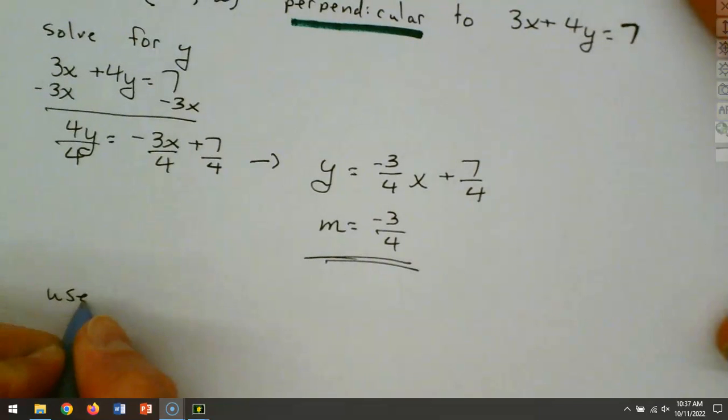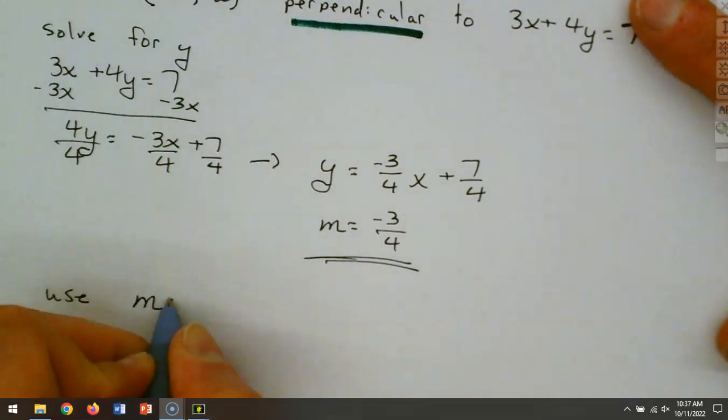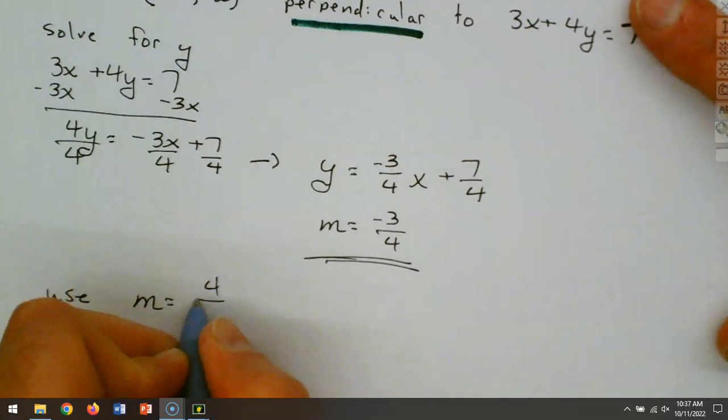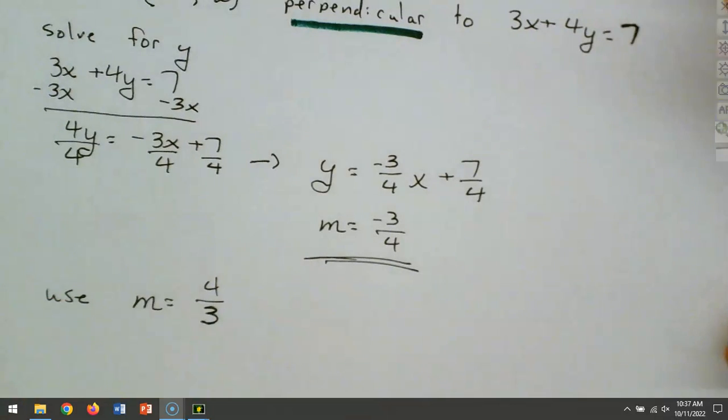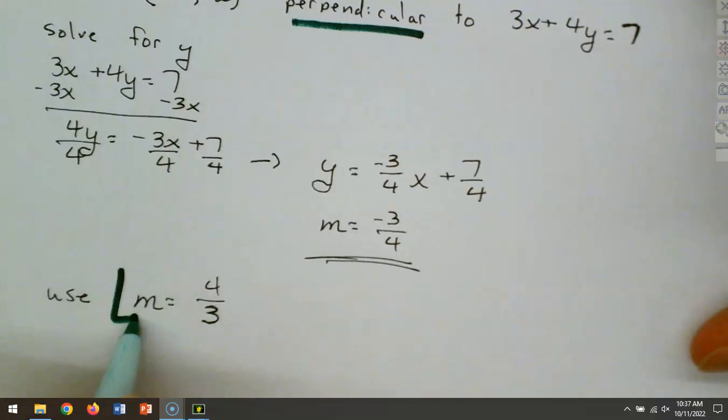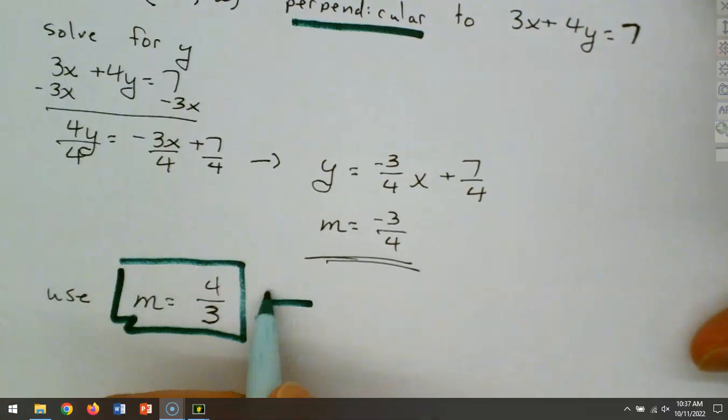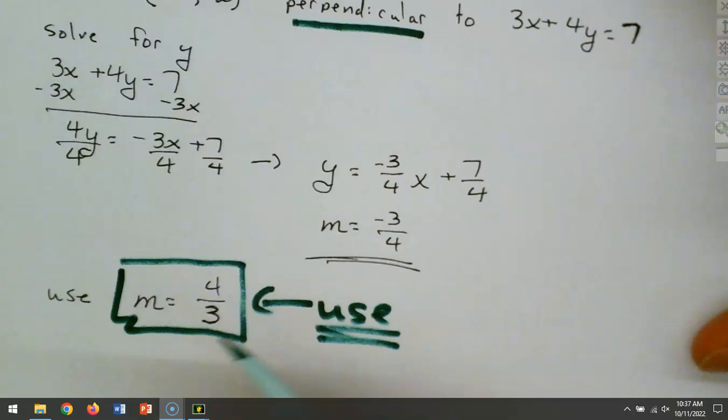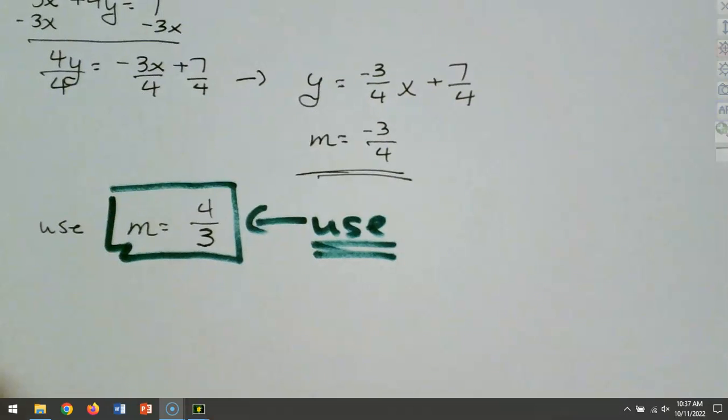So we're going to use m equals 4/3. This is what we're going to be using. Why are we not going to be using the minus 3/4? Is because that would be parallel. We don't want it to be parallel. We want it to be perpendicular.